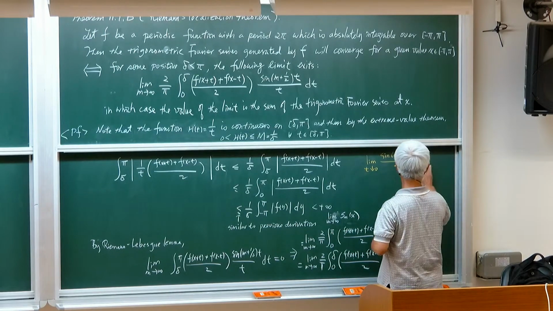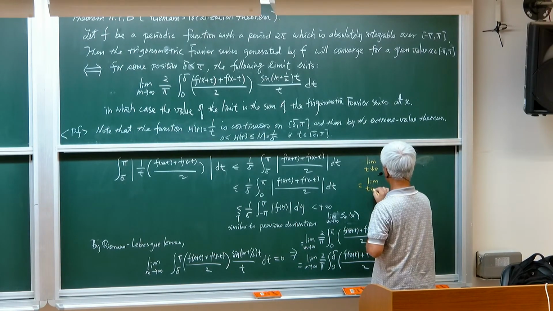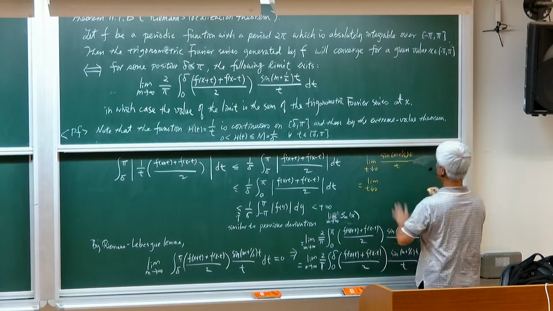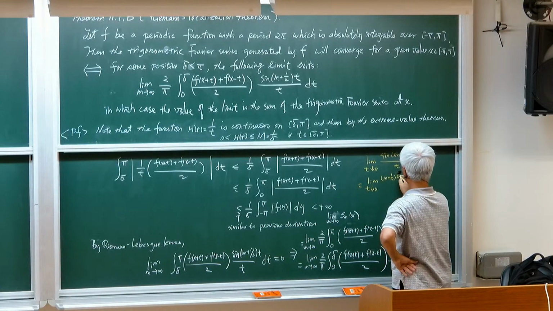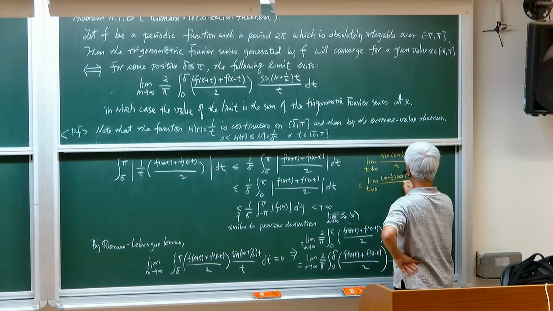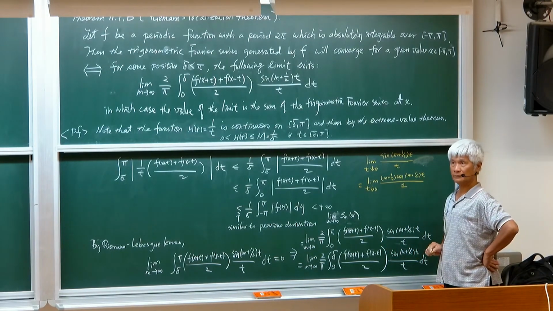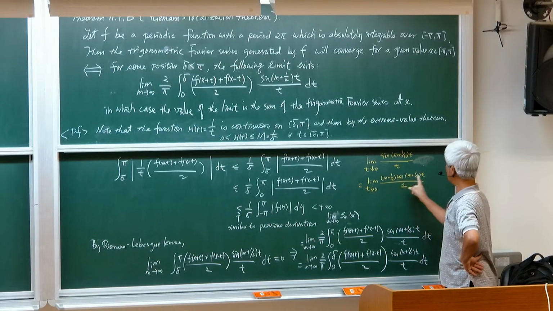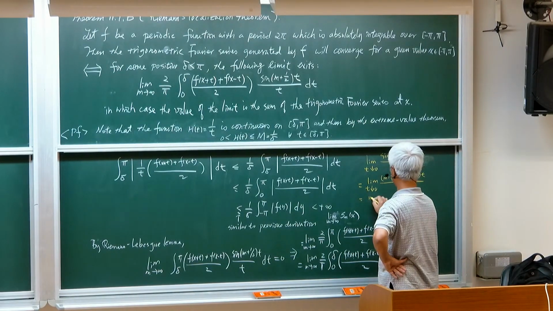When you do the differentiation, this becomes 2 cosine of (n+1/2)t, and this is 1. When t goes to 0, the cosine function goes to 1, so this is n plus 1/2.